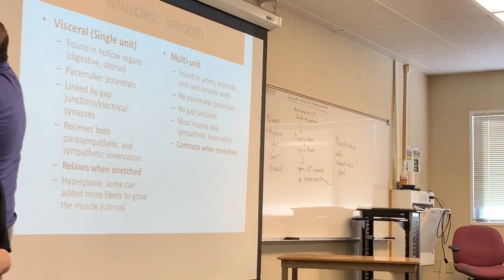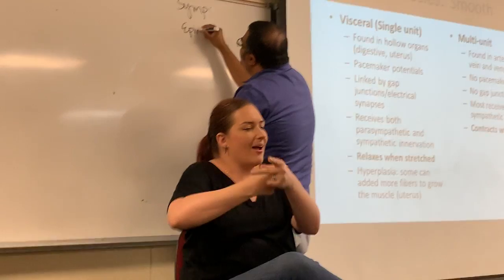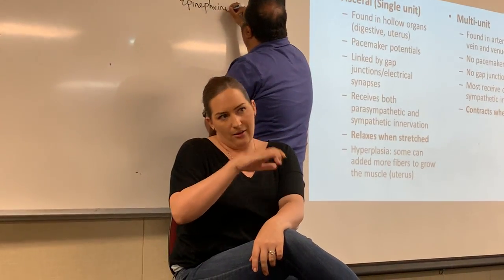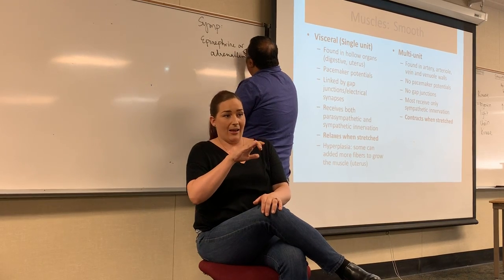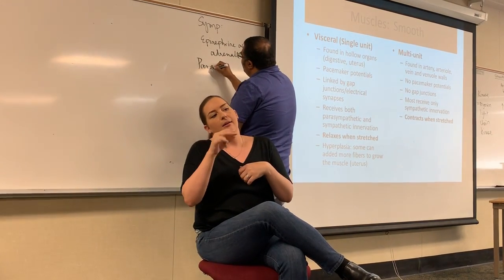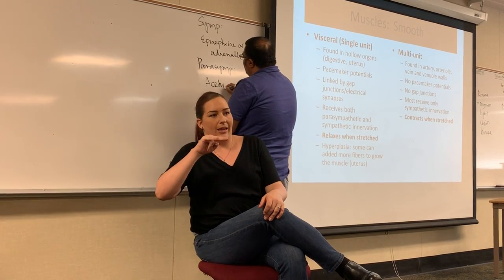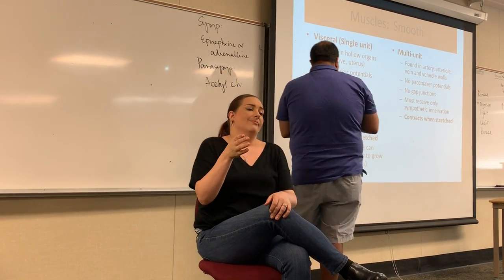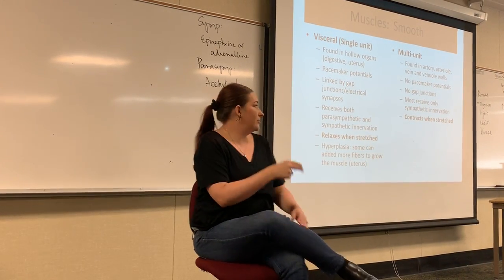So sympathetic is epinephrine or adrenaline. Okay, parasympathetic is our favorite, acetylcholine. I told you, acetylcholine is the most important neurotransmitter in the body.